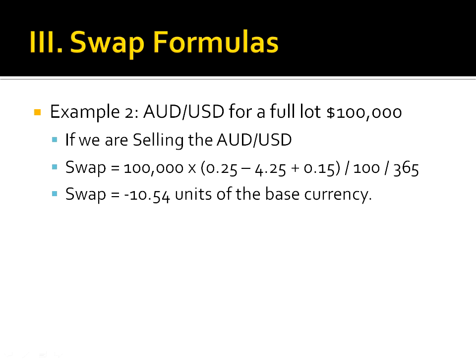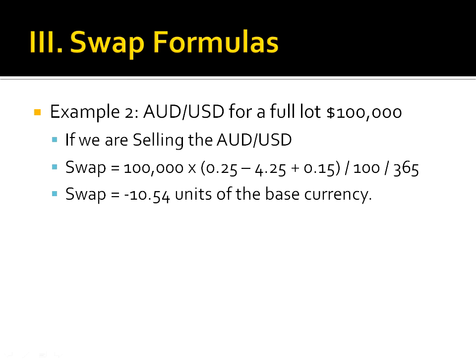Now, if you're selling the Australian dollar, US dollar, we'll plug in all the numbers. So at the end of the day, you're going to end up owing, or you're going to pay, this is going to come out of your account, 10.54 Australian dollars, because it's the base currency. So you're going to owe 10.54.